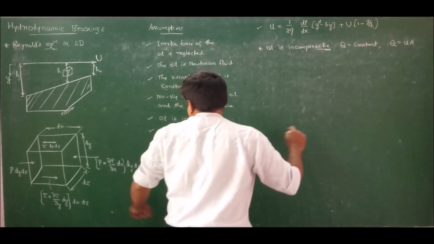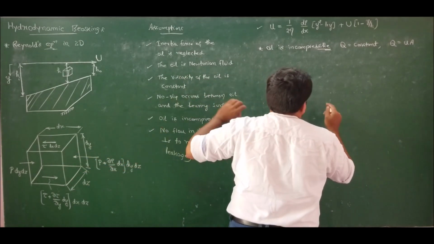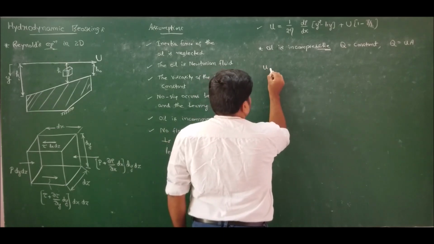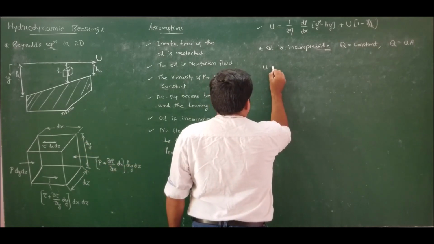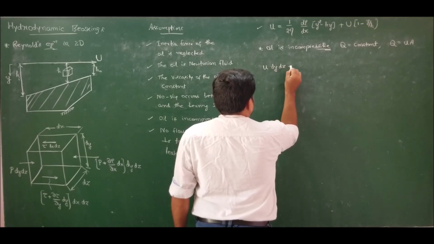So therefore the entry volume of fluid: velocity is u in x direction, the area will be dy dz.